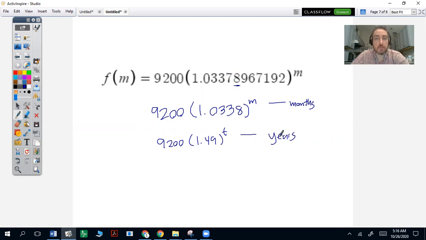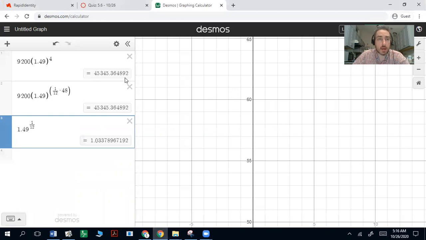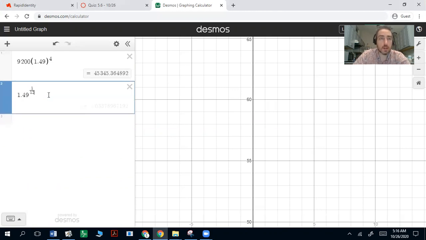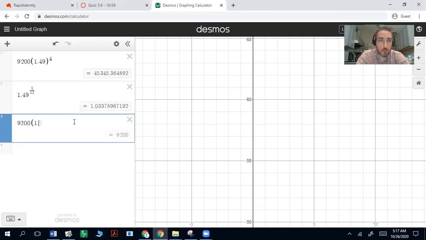And I want to just verify that with a calculator again. So if I go back and let's say I plug in 4 there, and I do 1.49 to the 1 divided by 12, and I rewrite this 9,200 parentheses 1.033, I'll just say 8, I'll round that to 8, and I'll put, instead of 4, 48.